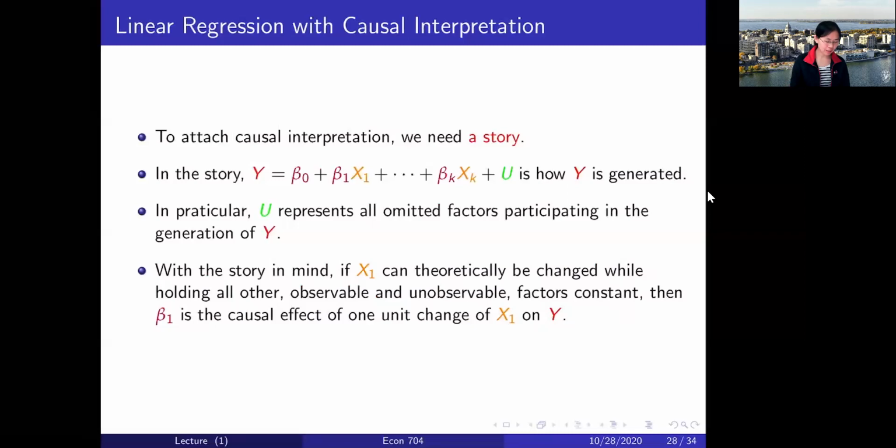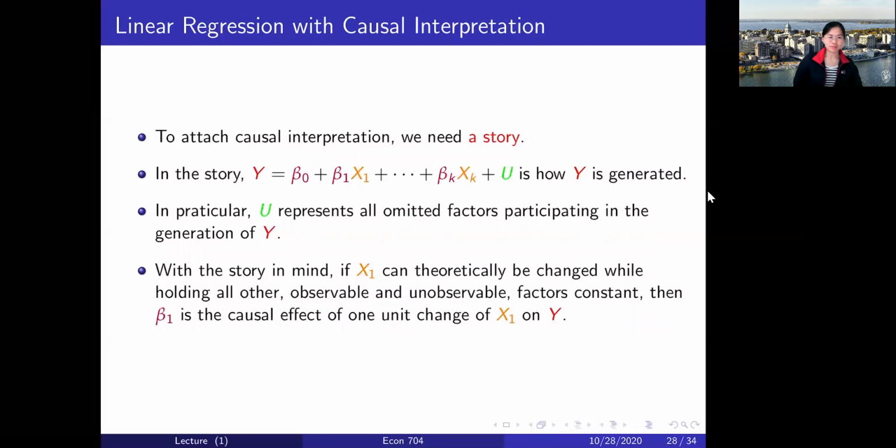So how do we use the linear regression equation and attach causal interpretation to it? In order to attach causal interpretation to the linear regression equation, we are going to need a causal story. And the story is important for attaching any causality to the coefficients.